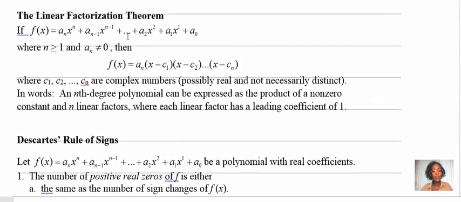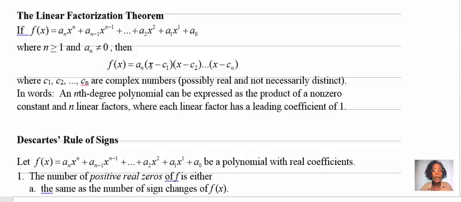factorization theorem. And that basically says if I have an nth degree polynomial where n is 1 or bigger and the leading coefficient of that polynomial is not 0, then this function can be written as the leading coefficient times a series of linear functions or linear expressions. A sub n, remember, is my leading coefficient.